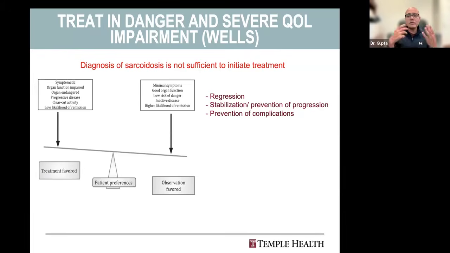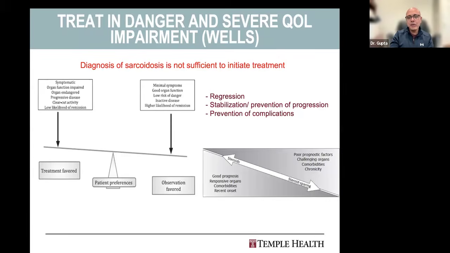Clear-cut activity of the disease, that we know that this is an inflammatory disease, we need to calm down the inflammation. It's a progressive disease that we have monitored for a little bit and the disease is increasing. And in disease states where this disease is not really going to just spontaneously resolve and it's causing symptoms or progression, let's try to hit it.